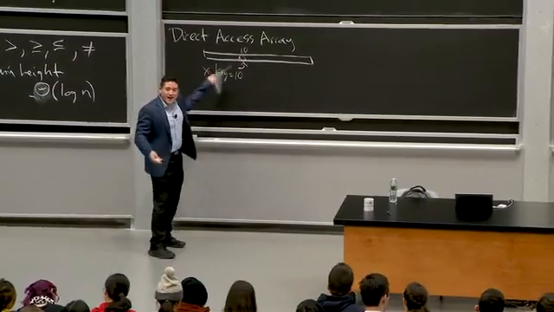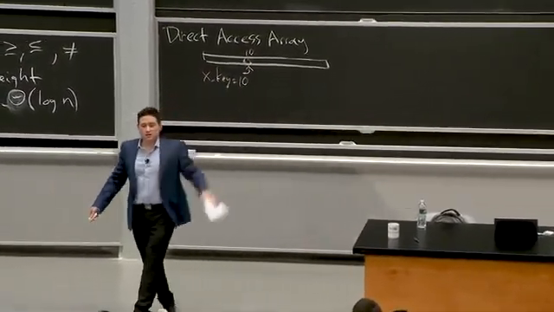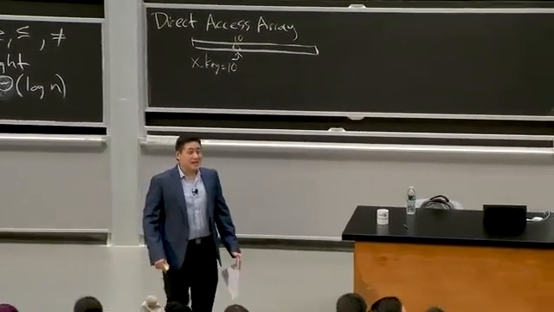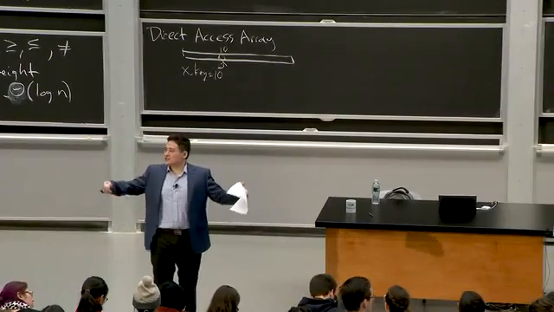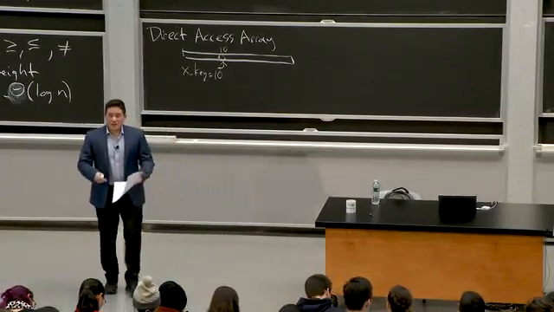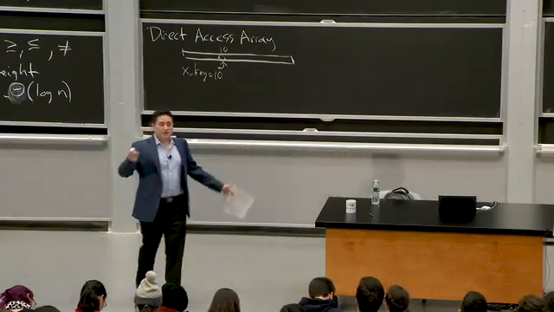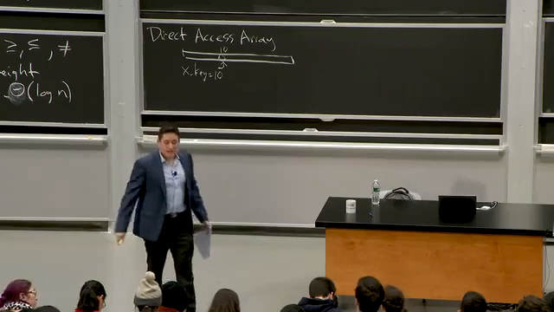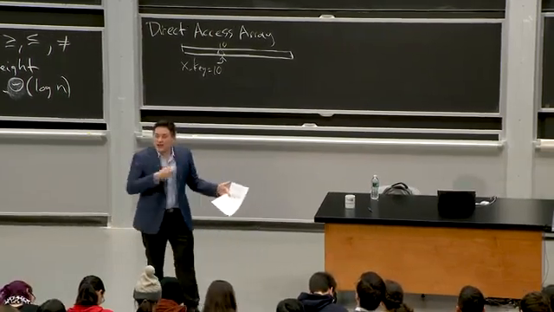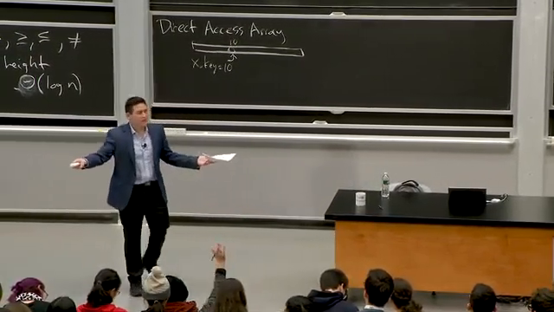So if I was storing your keys as MIT IDs, I would need an array that has indices that span the entire space of 9-digit numbers, right? That's like 10 to the 9, thank you. 10 to the 9 is the size of a direct access array I would have to build to use this technique to search on your MIT IDs when there's only really 300 of you in here.